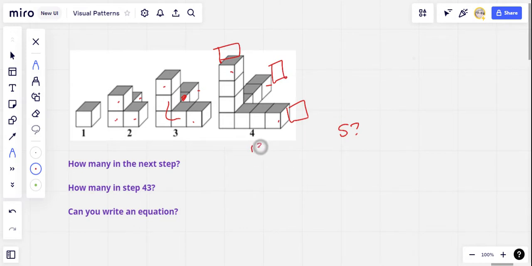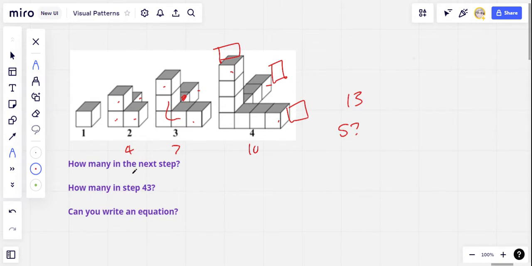So I think there are 13 in, whoops, not in step 4, but in step 5. In step 4, we've got 10, right? Because it's 3 less than that, those 3 that I added. And this one would be 7. And this one would be 1, 2, 3, 4. And that's 1 block, obviously.